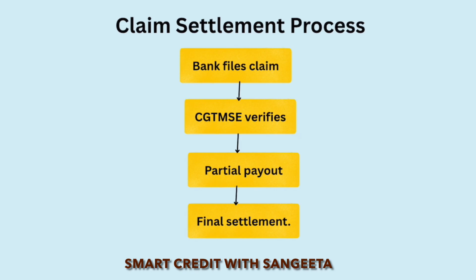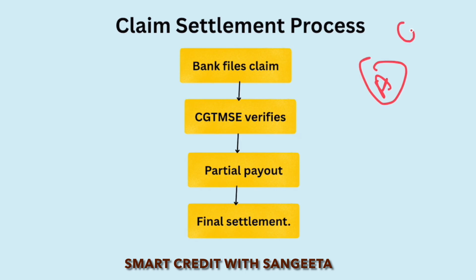Now, the lending institution can invoke your guarantee in respect of a credit facility within a maximum period of 3 years from the NPA date, or lock-in period, whichever is later, if the following conditions are satisfied. Please note that the guarantee in respect of that credit facility was in force at the time the account turned NPA.